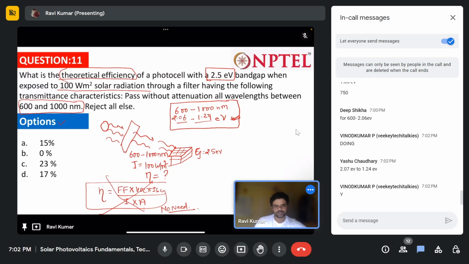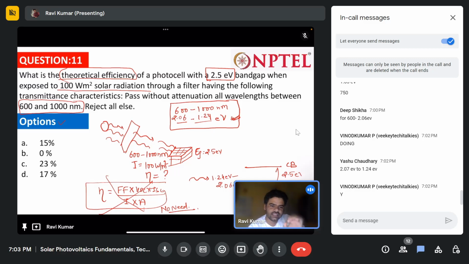Okay. Now just leave every calculation behind and think about the basic principle of a solar cell. See, this is our conduction band, this is our valence band, and you are saying energy is coming from 1.24 electron volt to 2.06 electron volt, and this band gap is 2.5 electron volt.